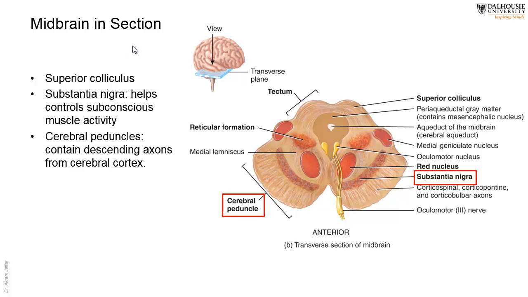Here, the neurons contain a pigment that is in one way or another related to the melanin pigment of the skin. This is present in these neurons, and these neurons are implicated in the pathology of Parkinson's disease, the disease where the patient will have tremors, because they control the involuntary muscular activity.